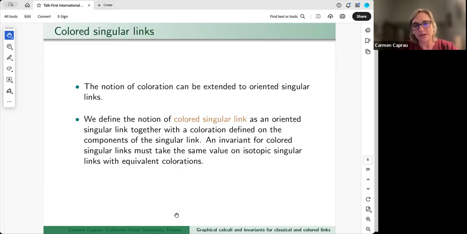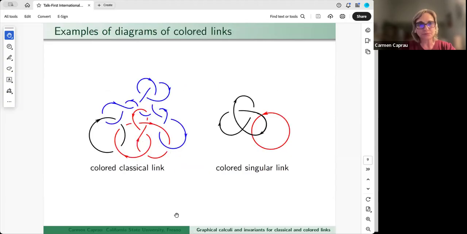And in that way you can count the components of a singular link. And then an invariant for colored singular links must take the same value on isotopic singular links with equivalent colorations.